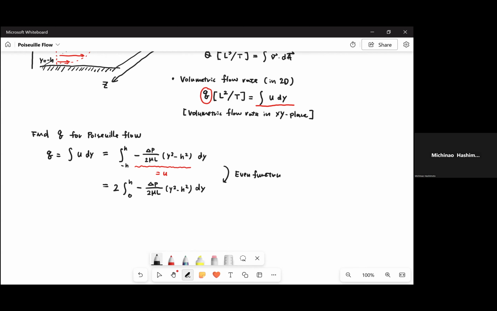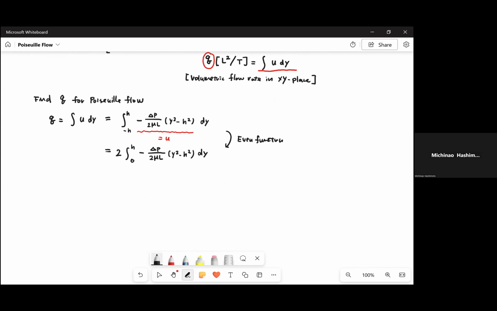This part is just a calculation, not that important, but in any case, what we have here is dE times minus delta p over mu L times h cube over 3 minus h square times h.